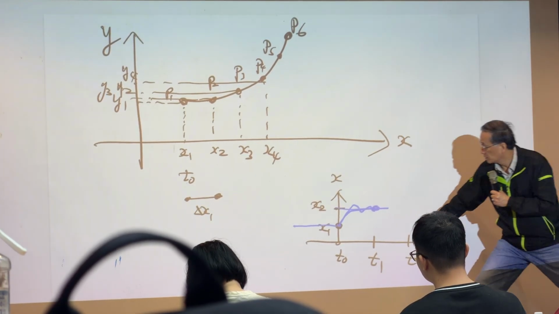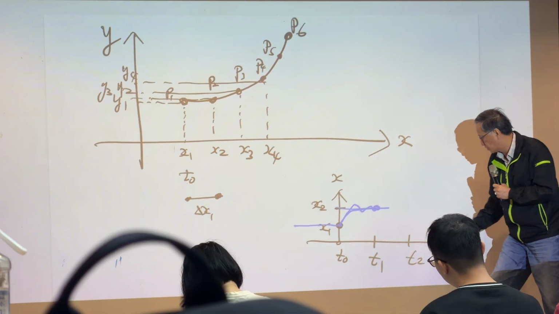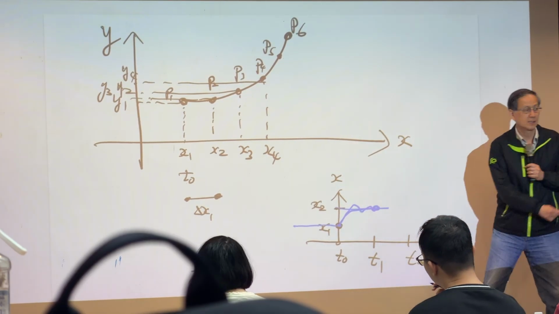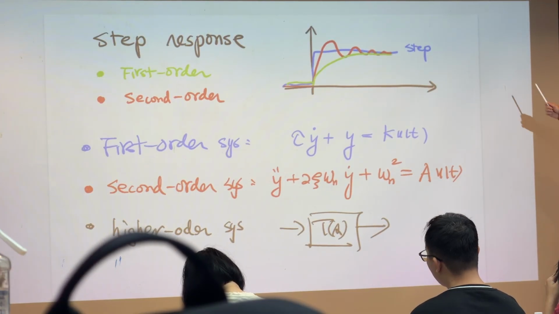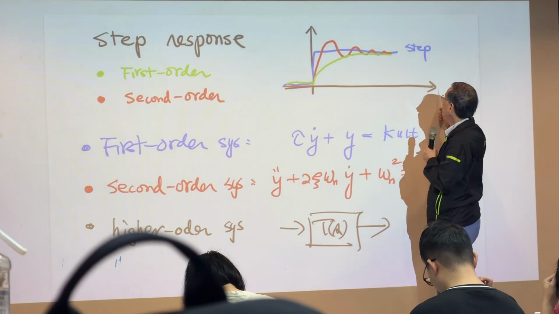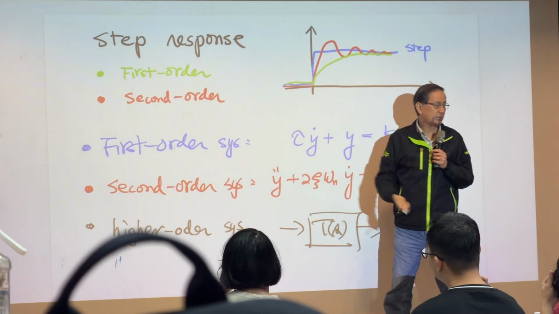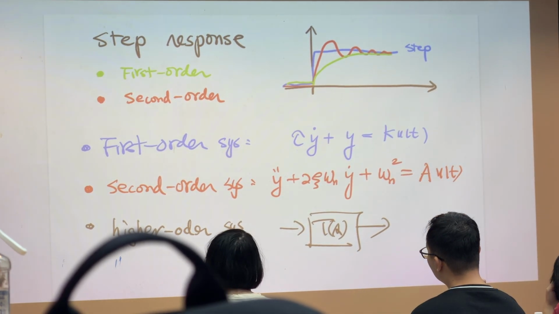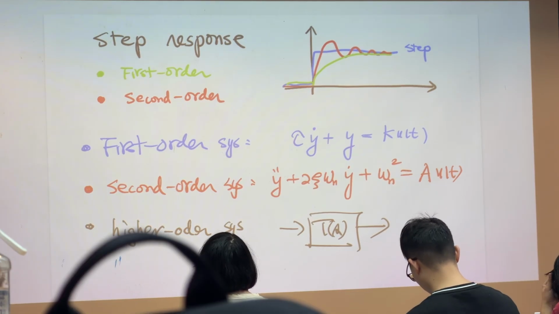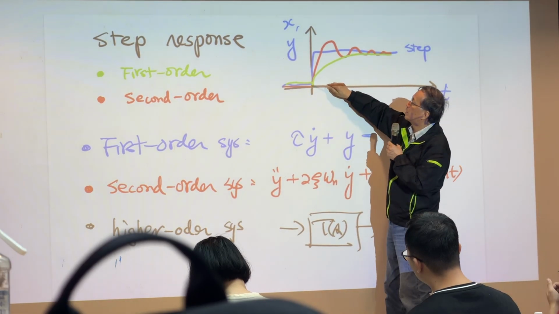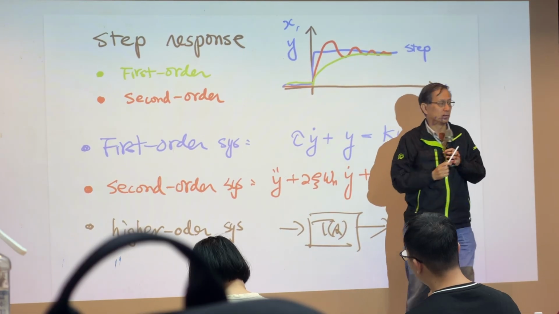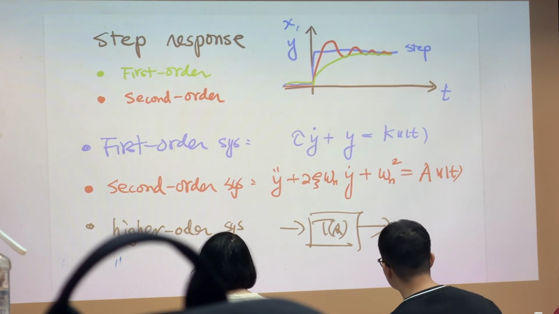Look at this chart. T0, T1, T2 is time, and this is X or Y. So we are moving from a particular point to another step.